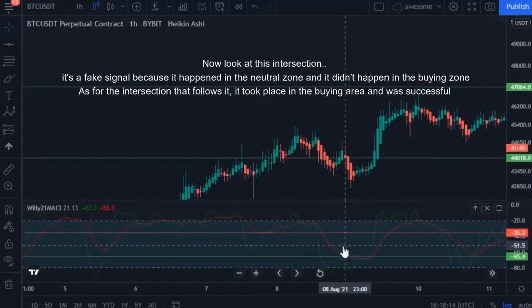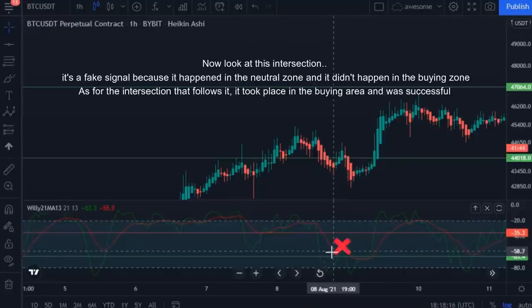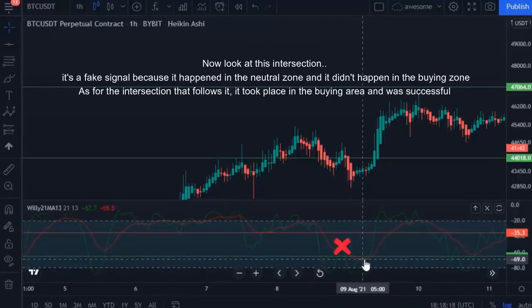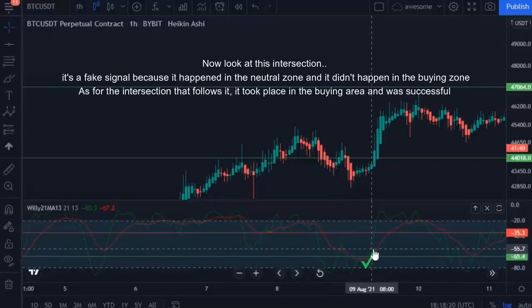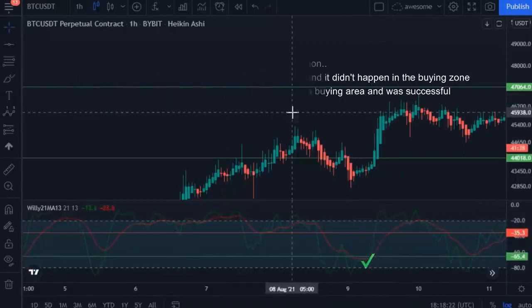It's a fake signal, because it happened in the neutral zone and it didn't happen in the buying zone. As for the intersection that follows it, it took place in the buying area and it was successful.